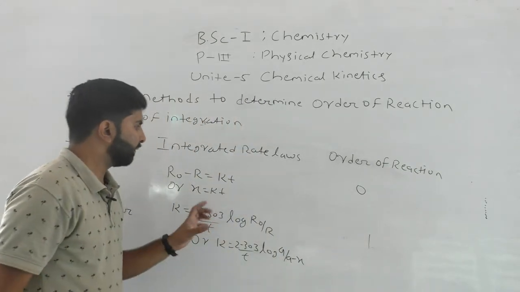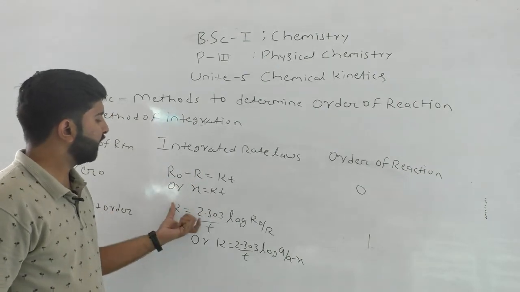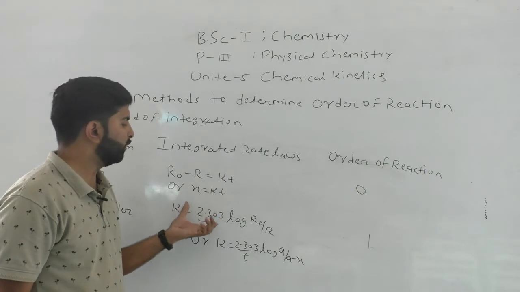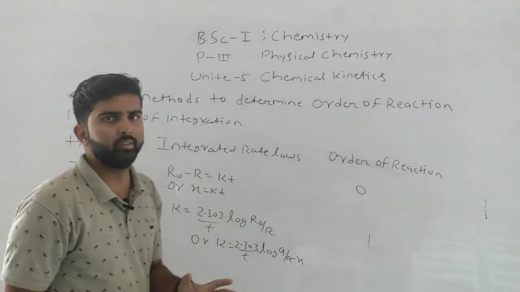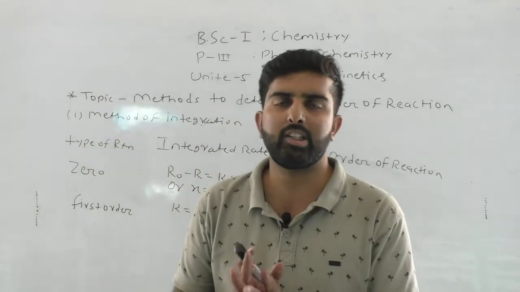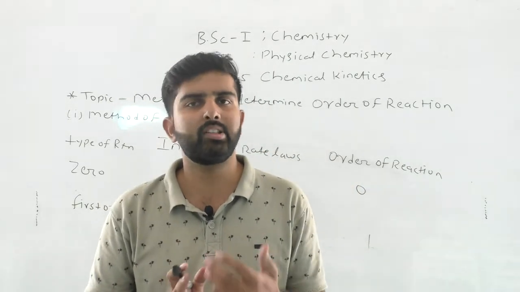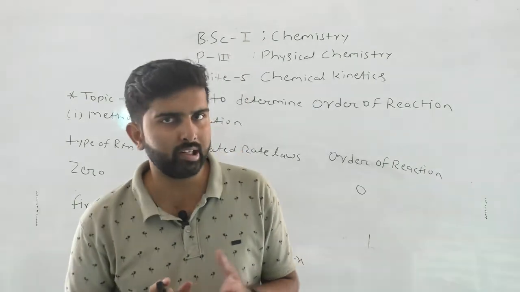So if this integrated rate law or this integrated rate law gives constant values for k, means we conduct 5 experiments on a chemical reaction, and the 5 experiments give us 5 experimental datas.